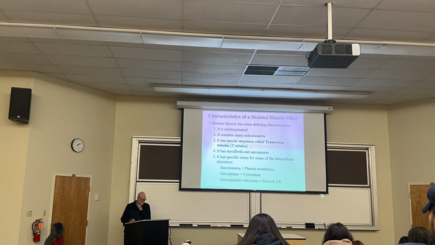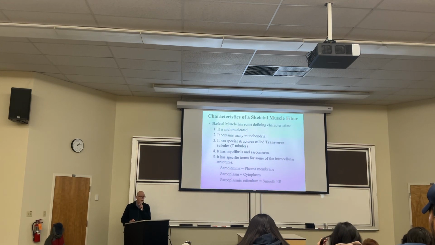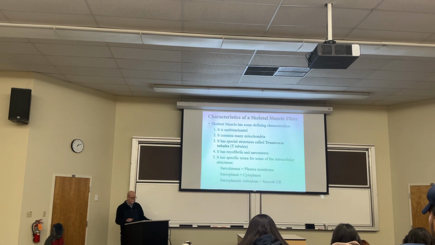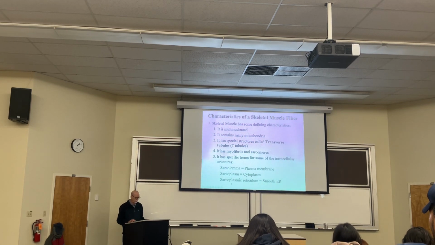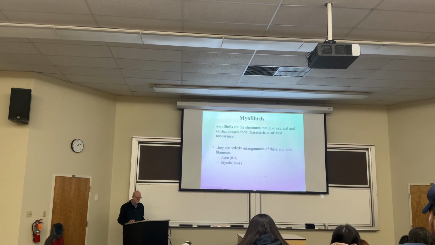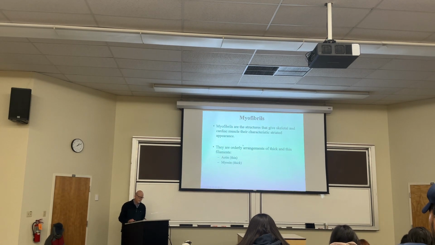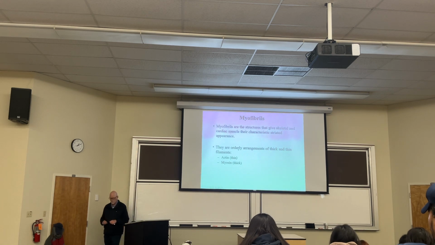So these are just traditional historical names, but they're used all the time still, so we sort of need to know what those terms mean. Myofibrils are proteins sort of bound together in long fibers.